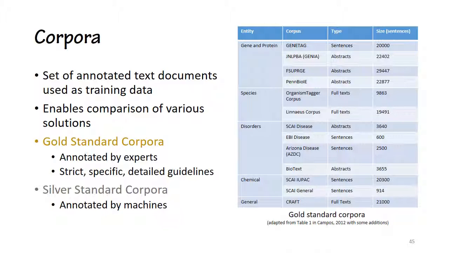But what we use is the gold standard of corpora, which means that it's already been labeled by an expert and has strict rules outlined. And there's a table here of different corpora that are still used today. You don't have to read it, it's just there.